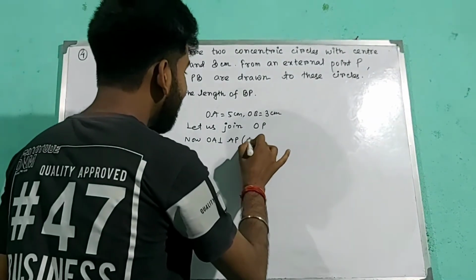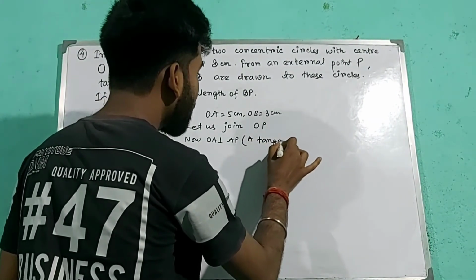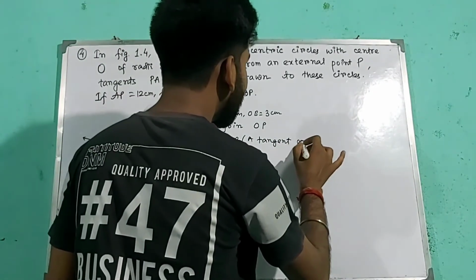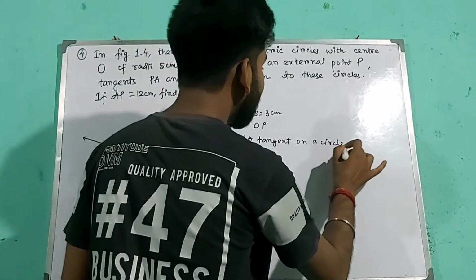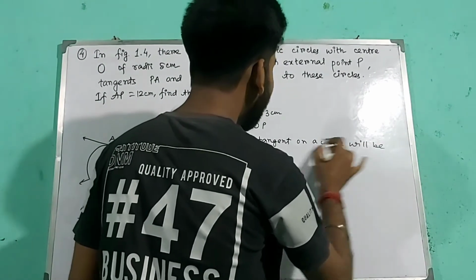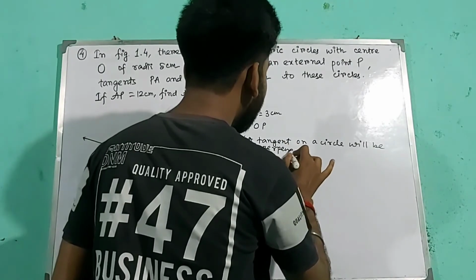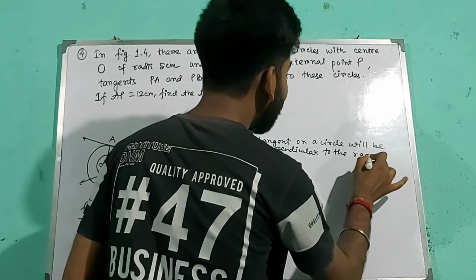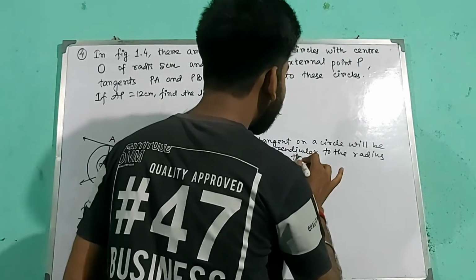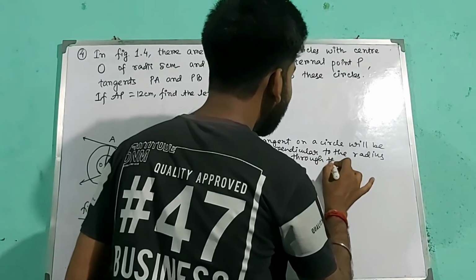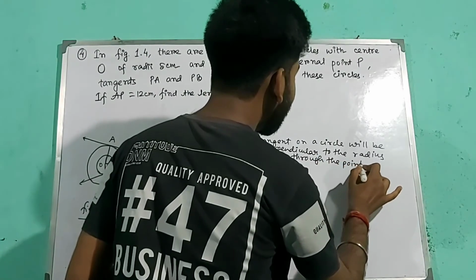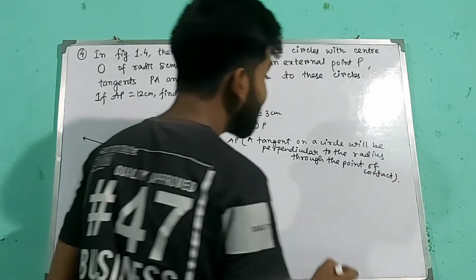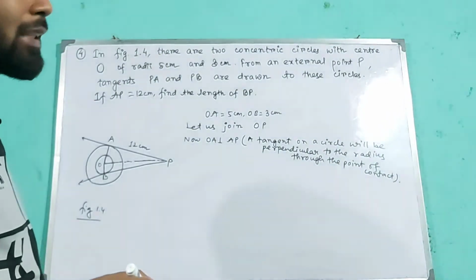The tangent on a circle will be perpendicular to the radius through the point of contact. Understand? This is the first theorem which I told you at the beginning of the class.